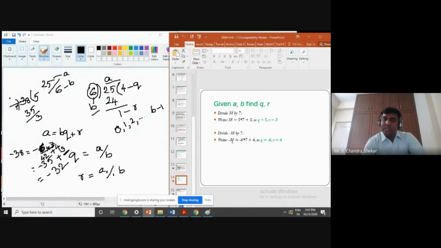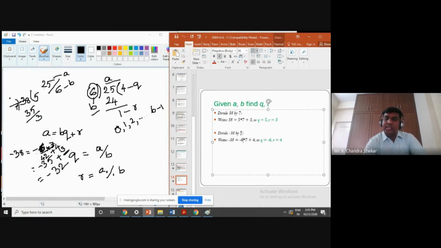In such a case, you need to consider the element which has a negative value beyond this number, so that by adding some remainder to it, you can reach that number very easily. So I am taking minus 6 here, when I take minus 6 into 7.